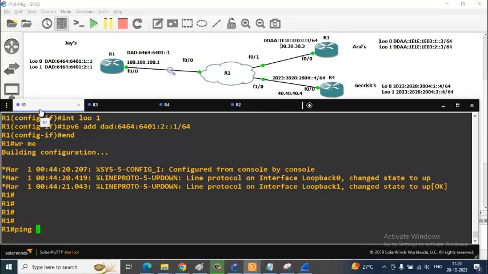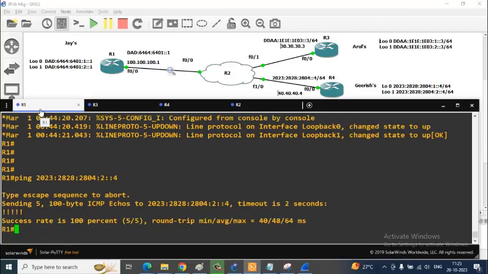I'm going to ping 2023:28:28:2804:2:4. You see, just the default route was added, no routing protocol needed to advertise. You'll be able to reach.